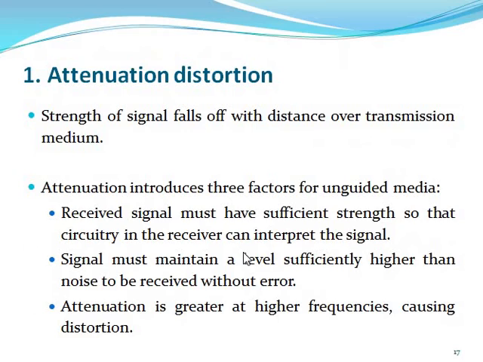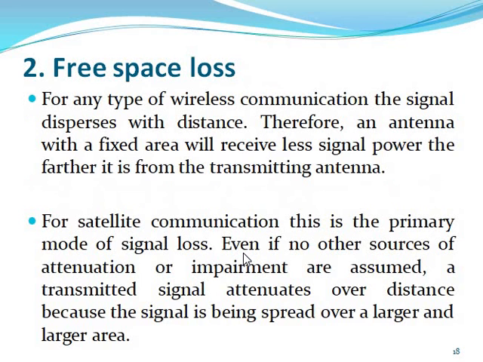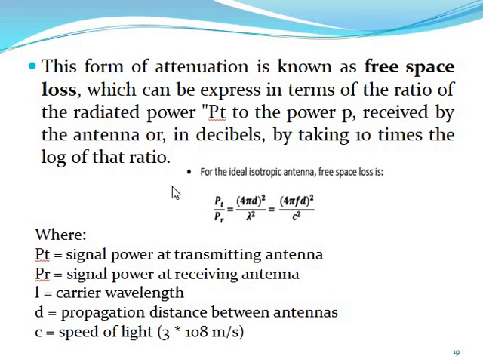Then we can show what is attenuation and how it can destroy the signal. Then what is free space loss? The signal travels in satellite communication. That time the signal is lost on a particular path, then the loss is counted.